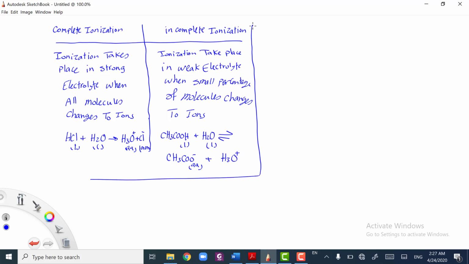The last comparison they ask about in the exam: chemical and ionic equilibrium.